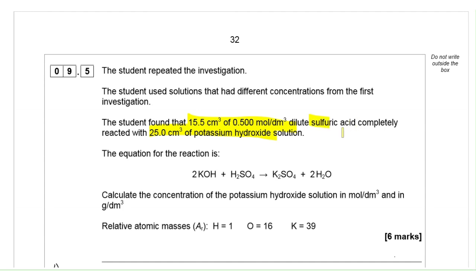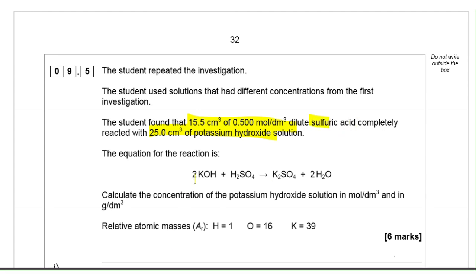The equation for the reaction is as below. 2KOH plus H2SO4 goes to K2SO4 plus 2H2O. Calculate the concentration of the potassium hydroxide solution in moles per decimetre cubed and in grams per decimetre cubed.